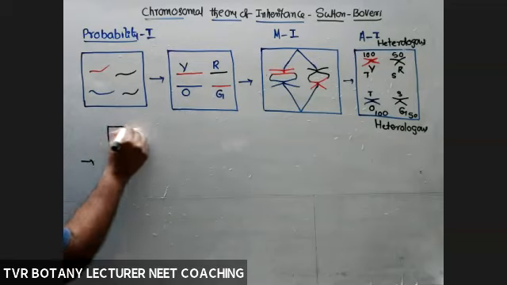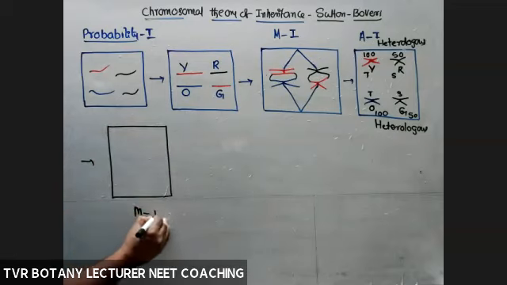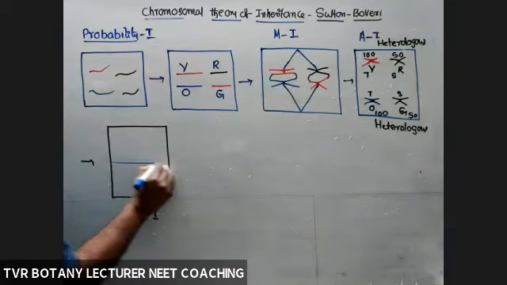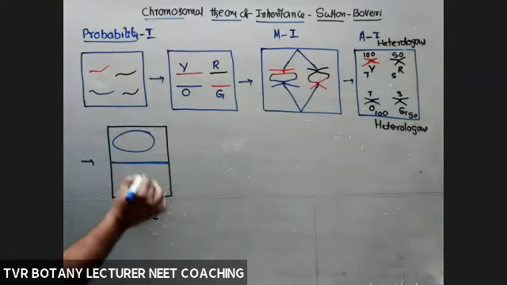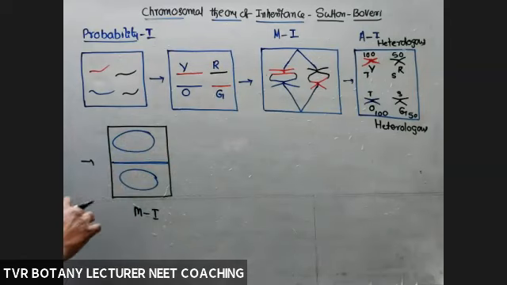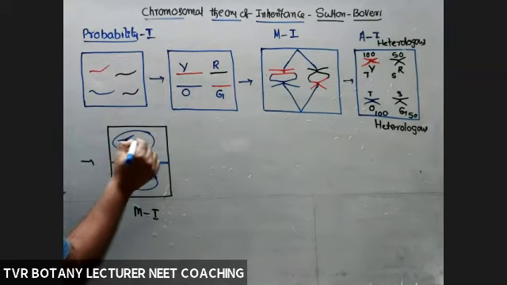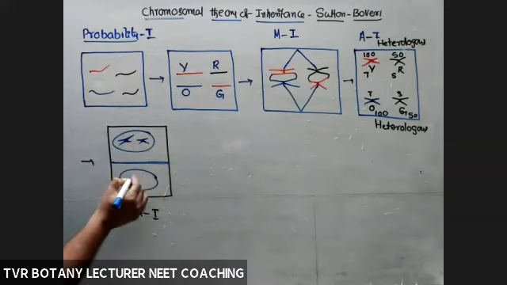After completion of meiosis 1, cytokinesis occurs. Okay, and this is a nucleus, with what chromosomes? This one is the yellow chromosome, this one the red chromosome, this one the orange chromosome, and this one the green chromosome.